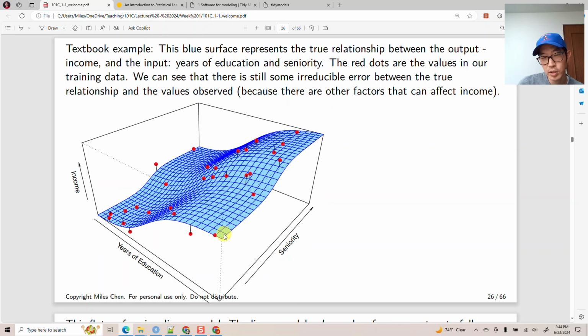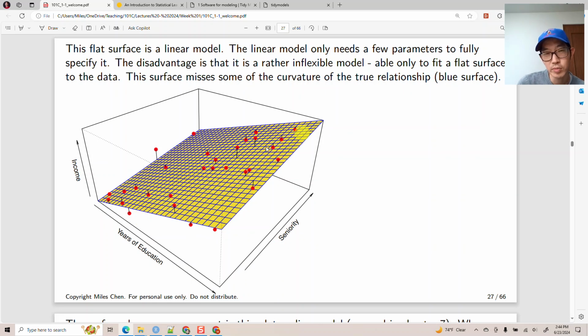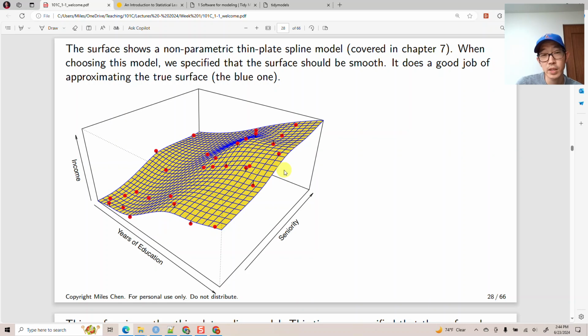Whereas in real life, there's some curvature, so we lose that when you use this. But it's simple to estimate a linear model because there's only a couple parameters to figure out. But again, it's a rather inflexible model, only able to fit this flat surface, and so we miss out on the curvature that exists.